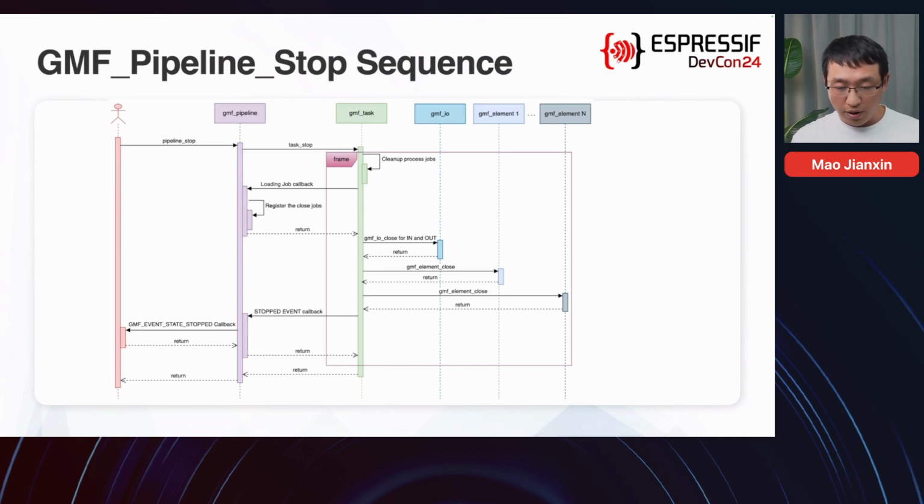Then the pipeline will add the closed jobs of the connected elements to the work list. After all the closed jobs are completed, a stopped event will be sent to the application. Once all those operations are finished, the GMF pipeline stop will exit.